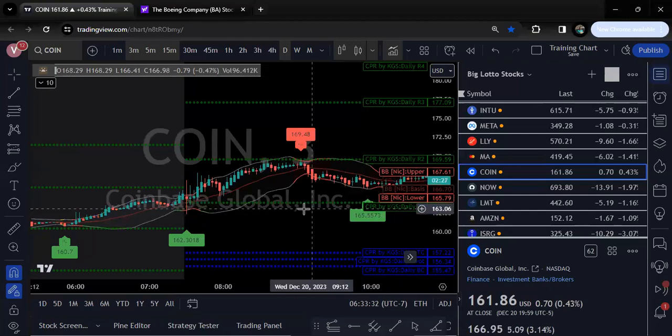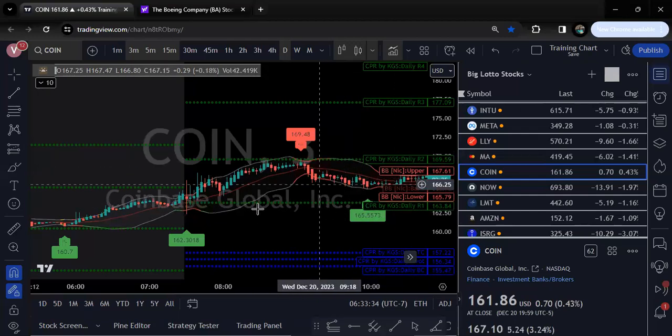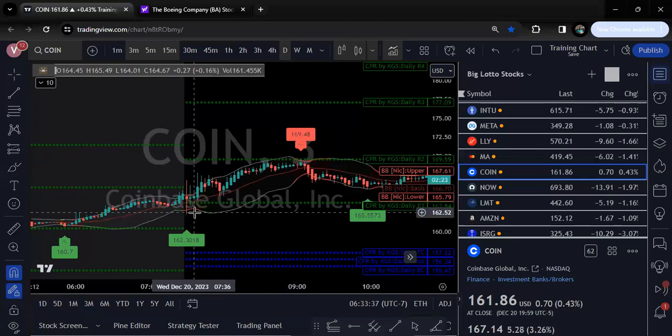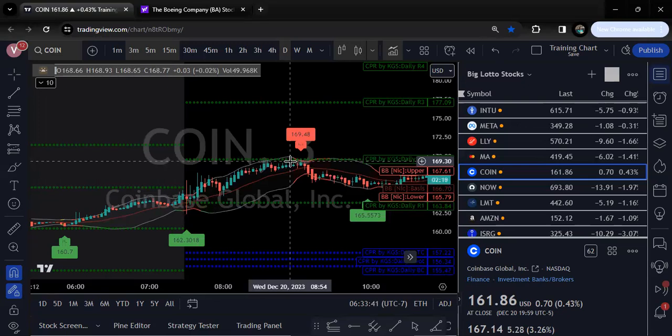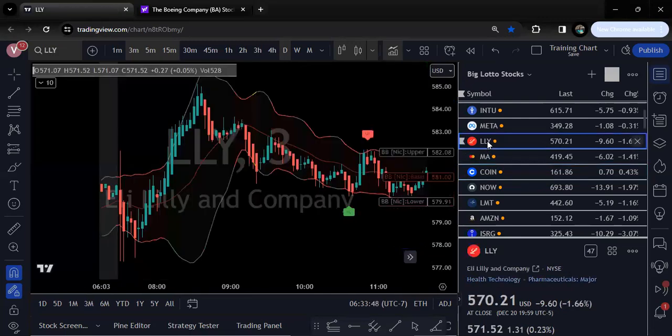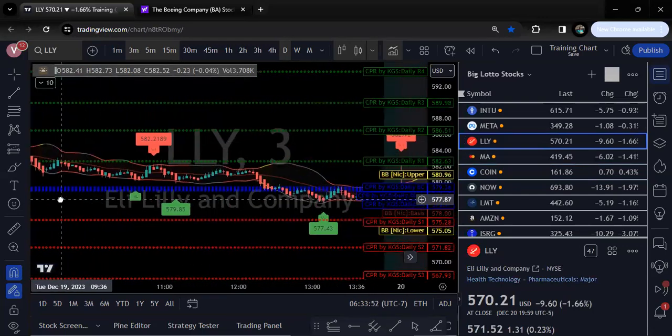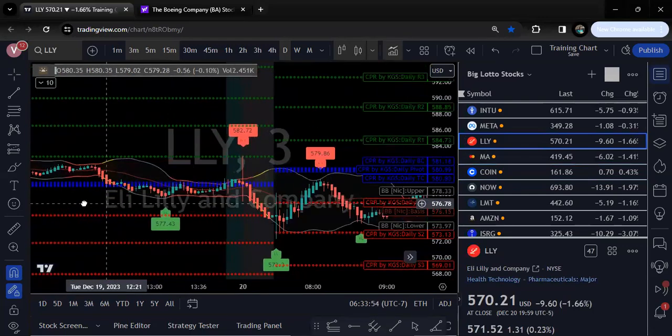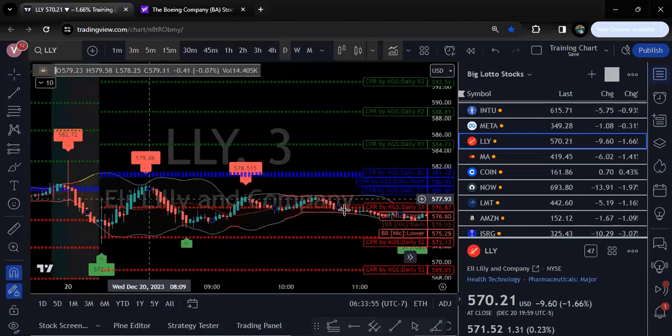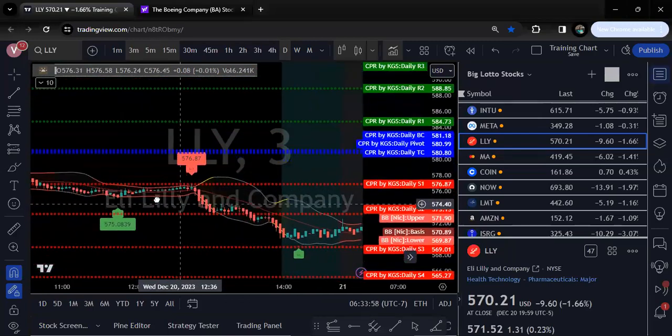Can you scalp from 163 to 169, which is 7 points? It went up, pulled back to the mid band, went up. If this is too much for you, find one that is not rushing, not running. It will give you that squeeze. You have room, you have time, to get into a play and not be rushed.